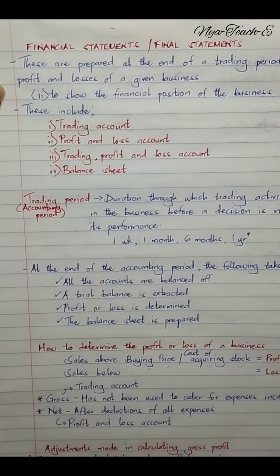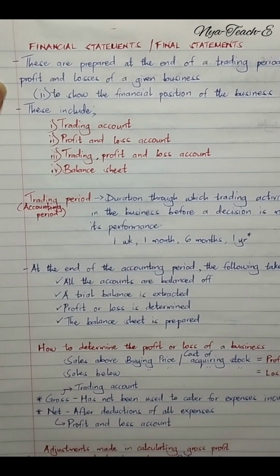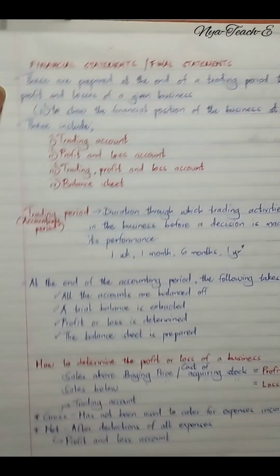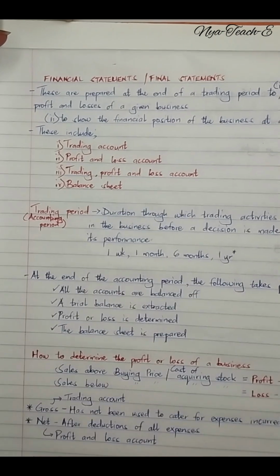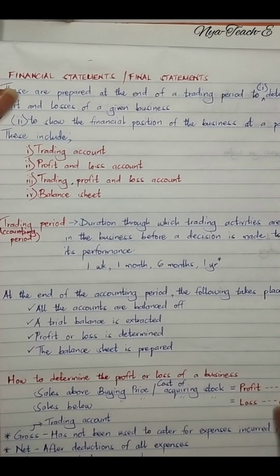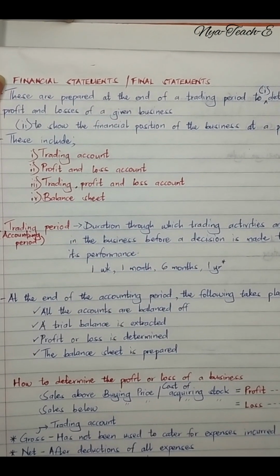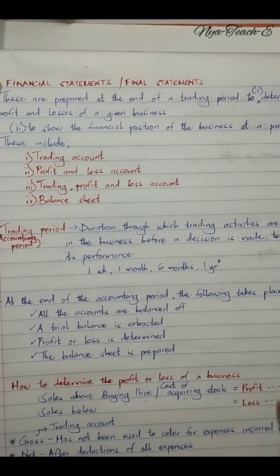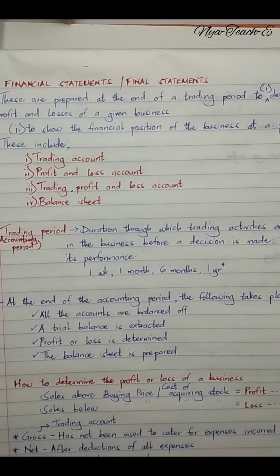We're going to revise financial statements. These statements are also called final statements. They are prepared at the end of a trading period. These statements will help us know the profits and losses that the business has gained, and also to know the financial position of a business, so that if the business owner or owners decide to get, say, financial help from somewhere, they will know whether it is the right time to do so.